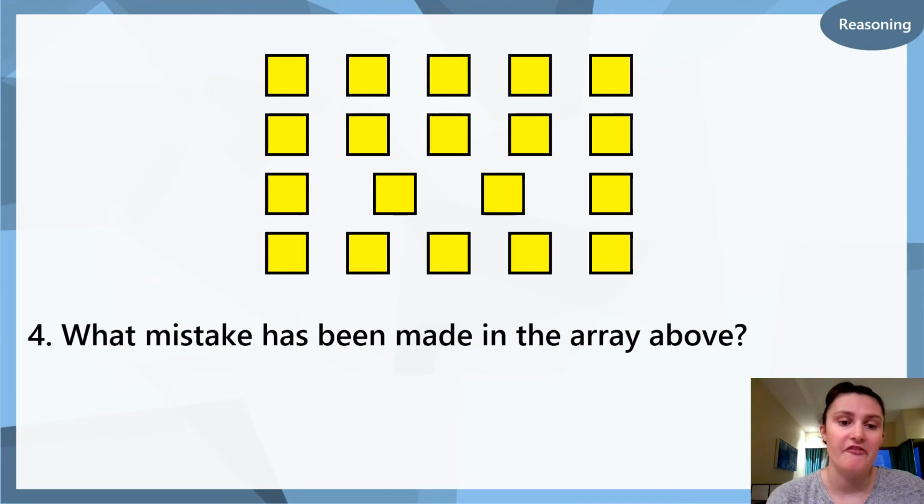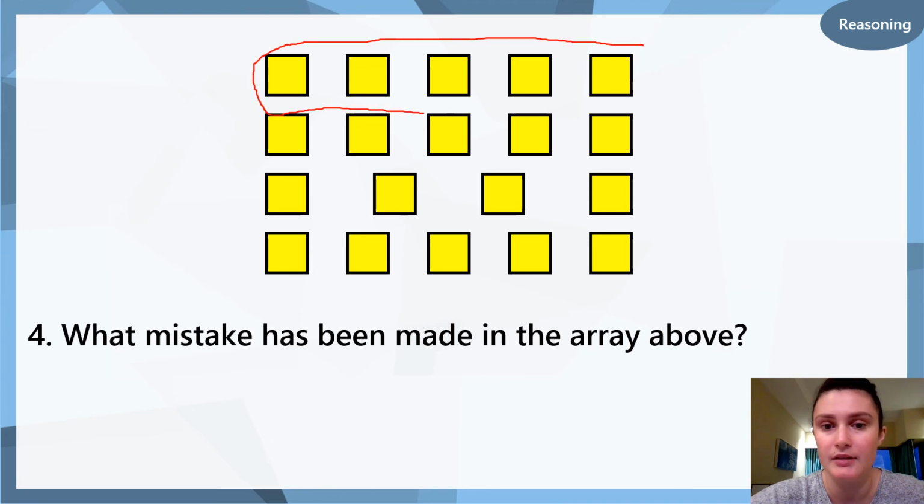Okay, question 4. Here is an array. We have lots and lots of yellow squares. But when they made this array, somebody made a mistake. Can you tell me what the mistake is? So I want you to look at the first row. Is there a mistake in the first row?